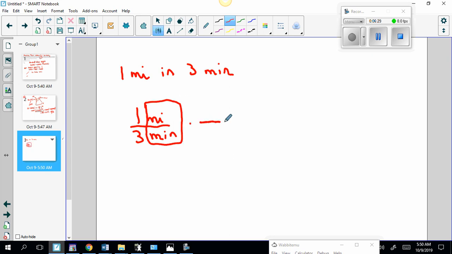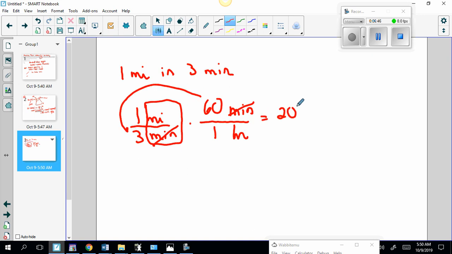I would like miles per hour, so I like hours down low, and in an hour there's 60 minutes. The minutes cancel, and I get 20 miles per hour. Hey, this is the first time this one worked out nice.